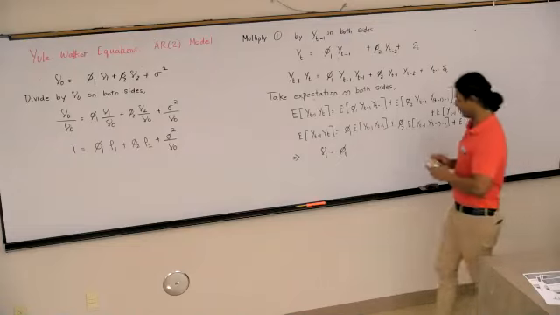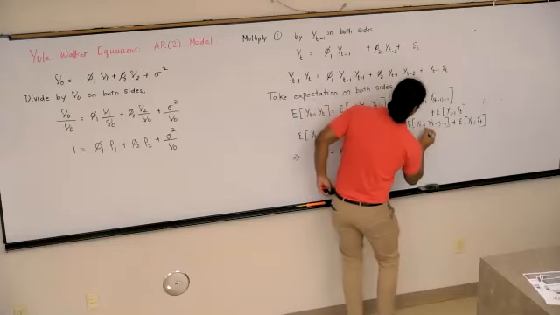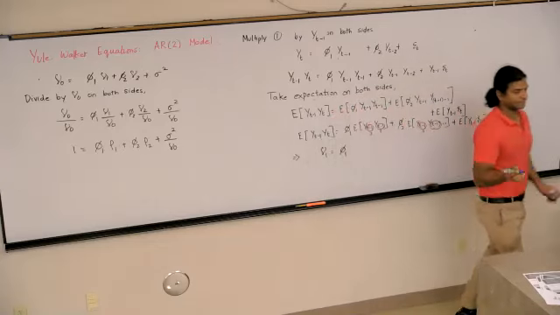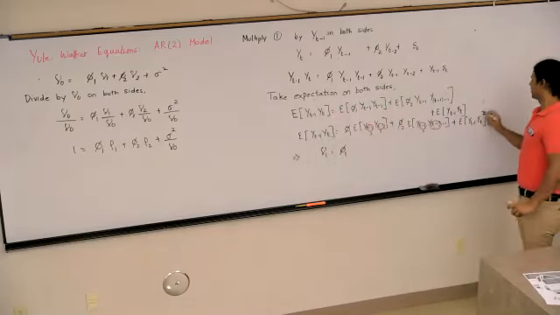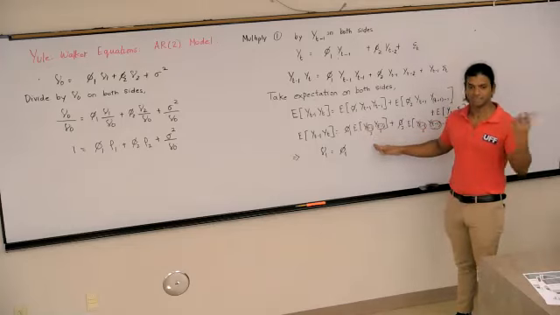To make things easier, let's just say yt minus 1 is s. So you are pretty much doing expectation of ys squared.